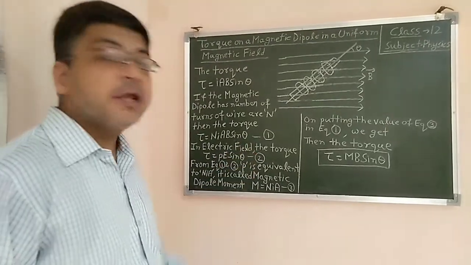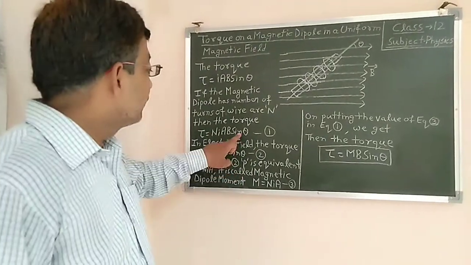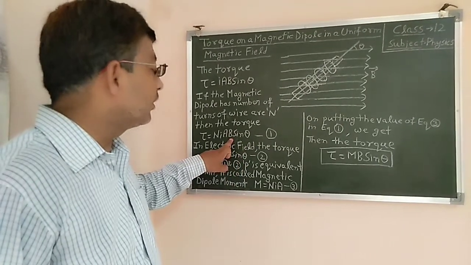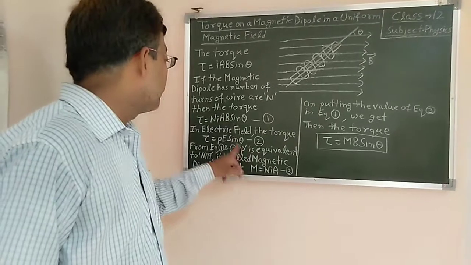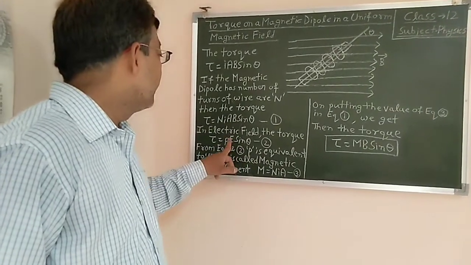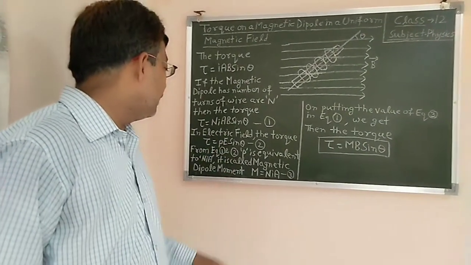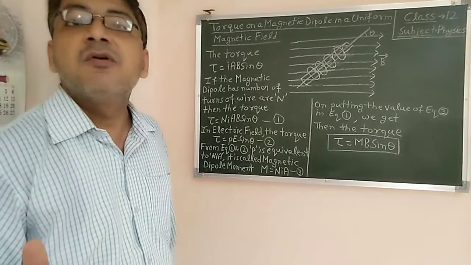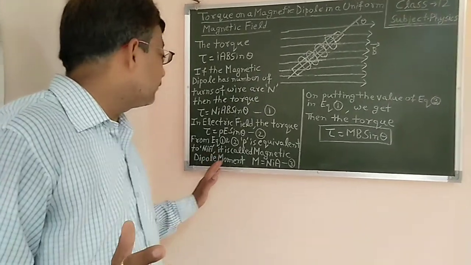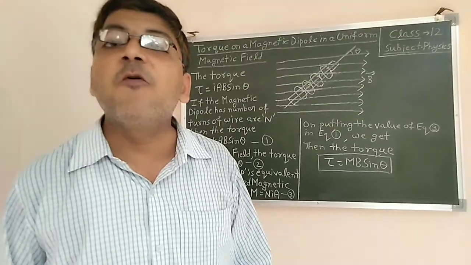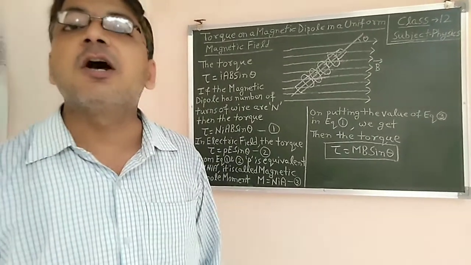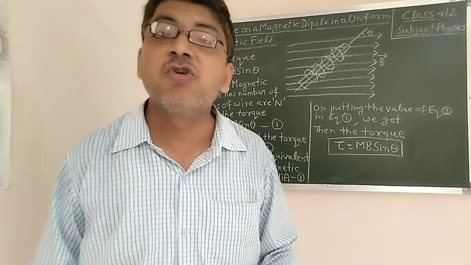When we compare equations 1 and 2, sin theta is common, B is the magnetic field and E is the electric field. p is equivalent to NIA, and p is called the electric dipole moment, but NIA is related to magnetism. Therefore, it is called the magnetic dipole moment.